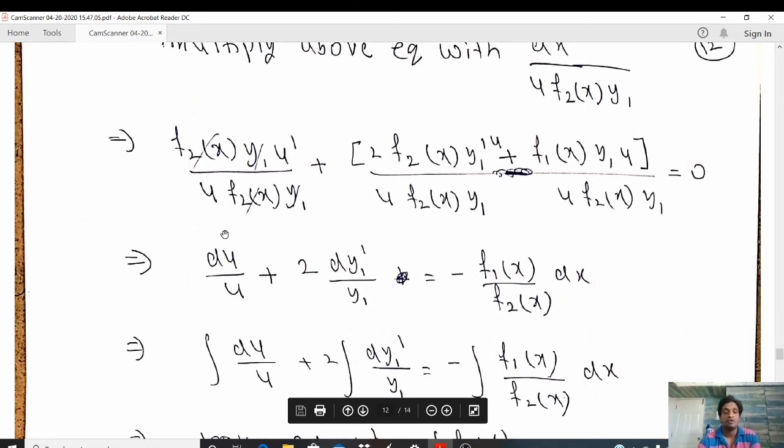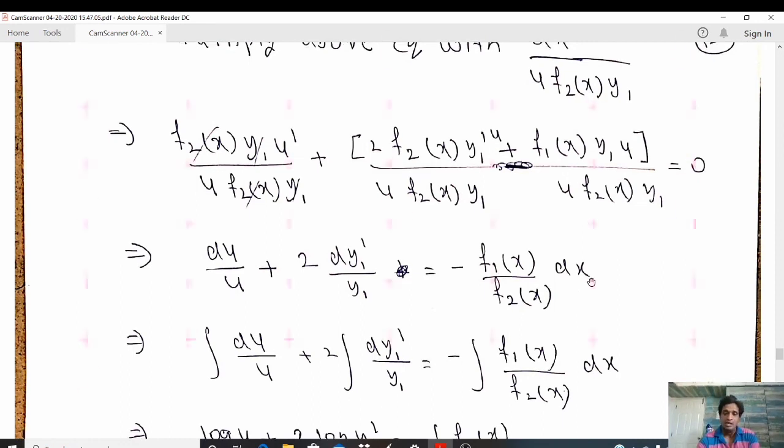I am writing leftover terms here, u dash by u, 2 dy1 dash by y1, the derivative of the y1 dash term by y1. Now I am writing this last term on the right side, minus f1 of x by f2 of x dx.